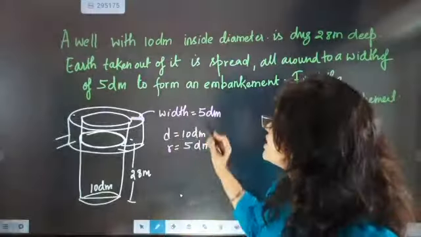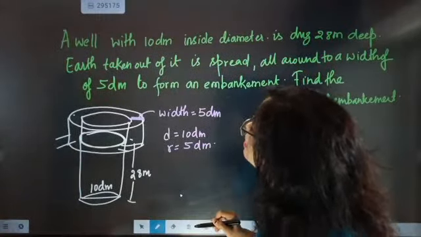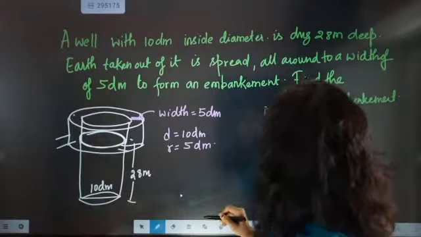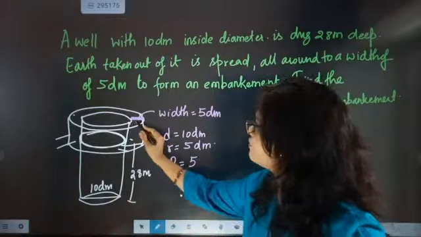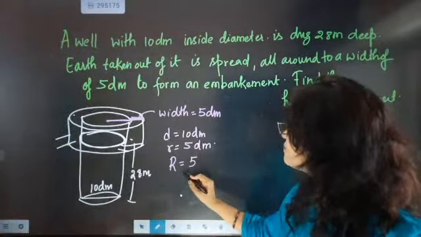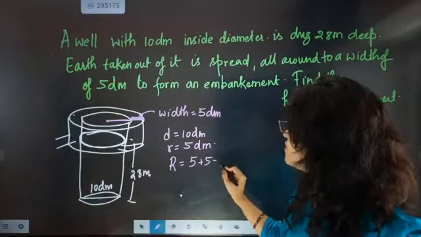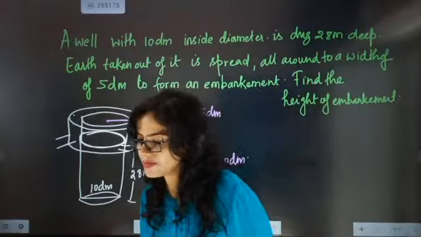Now width is coming as 5 dm. So outer radius will be width 5 plus radius 5, so total will become 5 plus 5, 10 dm. So capital R is coming as this much.